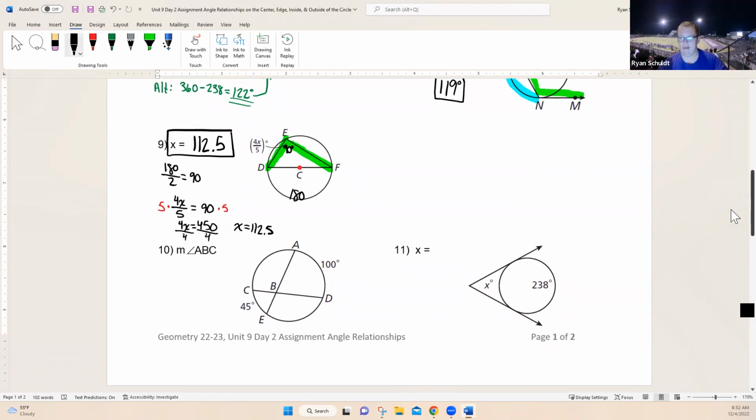Oh, number 10. Look at that vertex. It is not in the center. So what do we do to get the measure of angle ABC? Well, first I have to find the other angle. Since it's not in the center, I have to add the two arcs together, 100 plus 45, and divide that by 2. So 145 divided by 2 gives us 72.5.